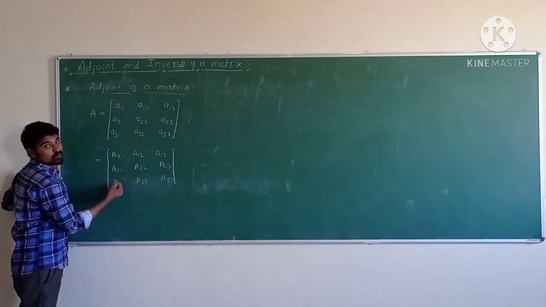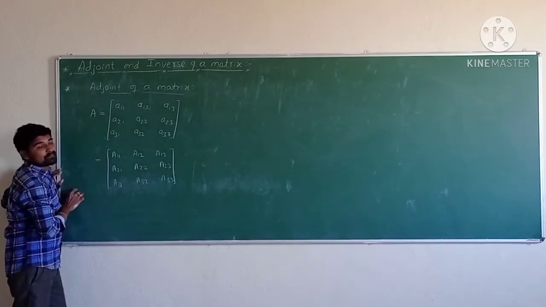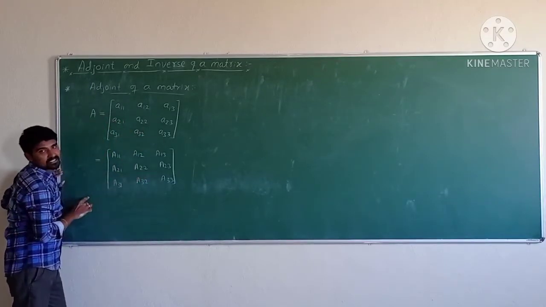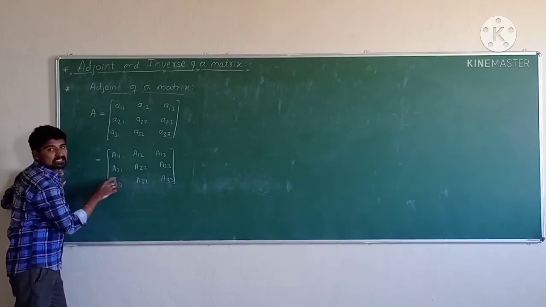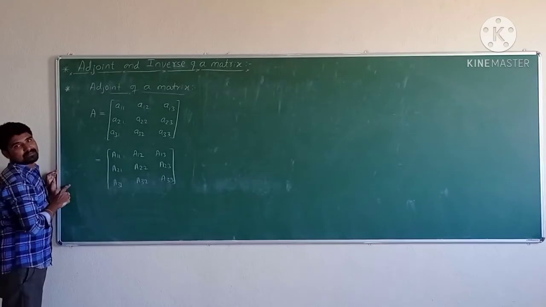This matrix is obtained by replacing the elements of the matrix A by their respective cofactors, and hence this matrix is called the cofactor matrix of the matrix A.